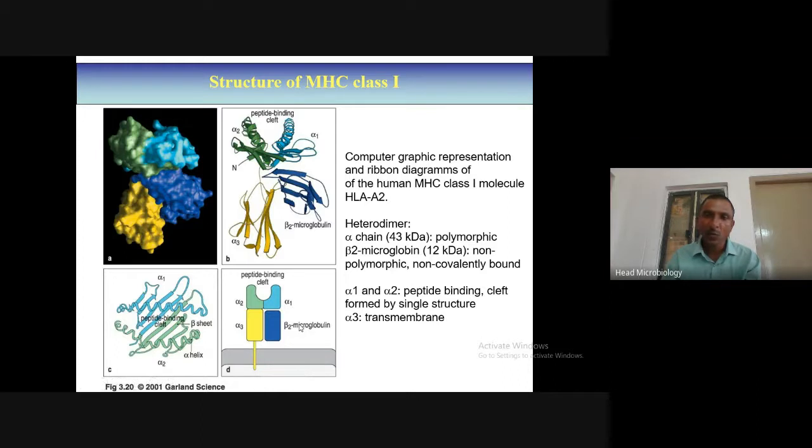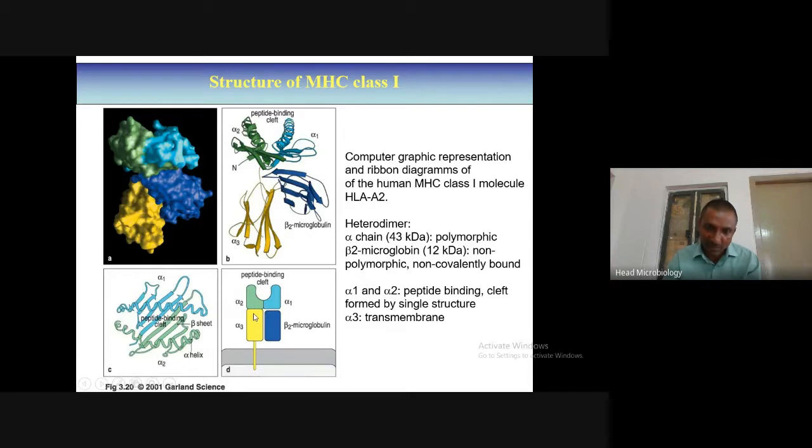It is non-polymeric and non-covalently bound. Here, alpha 1 and alpha 2 form the peptide binding cleft, as well as alpha 2 and alpha 3, found in a single structure.